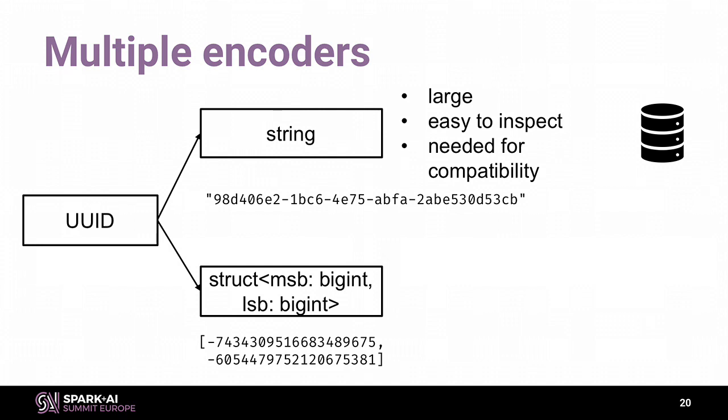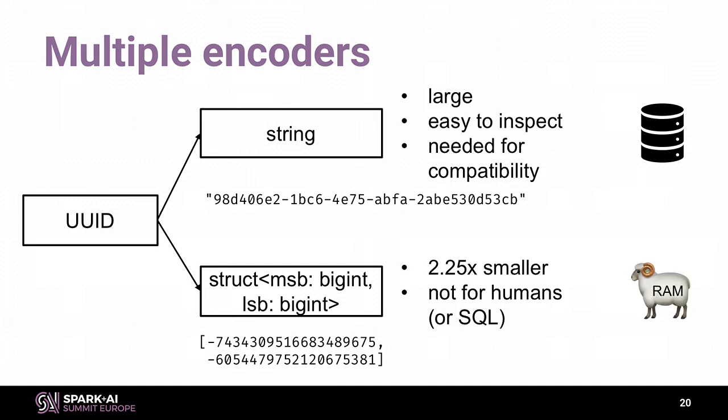It's easy to handle for SQL, for example, for humans if they want to manipulate it. But it would be much better to encode this as 2 longs if you are shuffling a lot of this around internally in a Spark application. So what you can do is create 2 different encoders and choose what you import, basically depending on what your usage is.